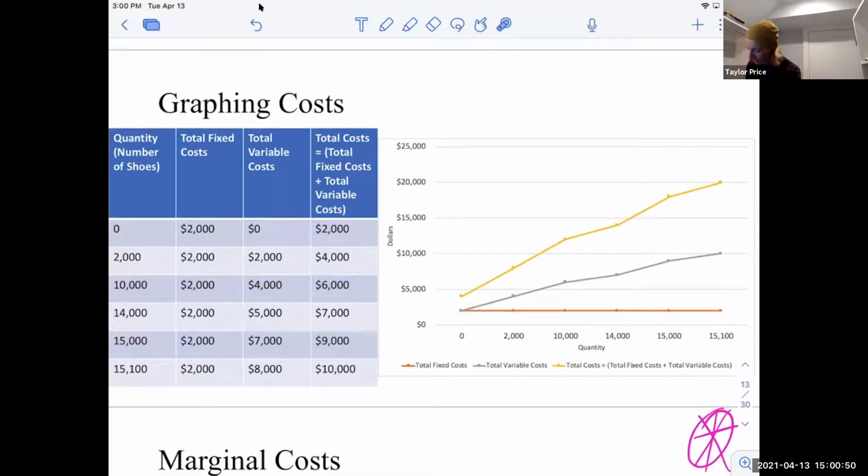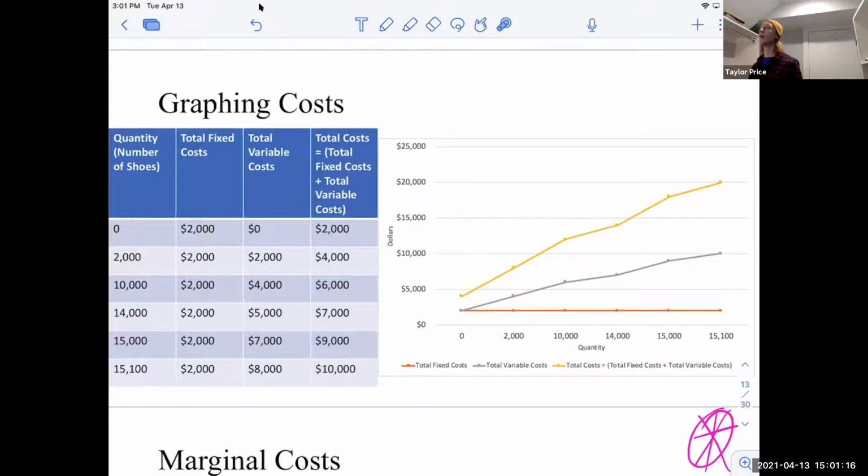As you start increasing production, fixed costs stay constant, whereas variable costs increase. So variable costs become a significantly larger and larger portion of your total costs. Just remember that as production increases, variable costs become a larger portion of your total costs.